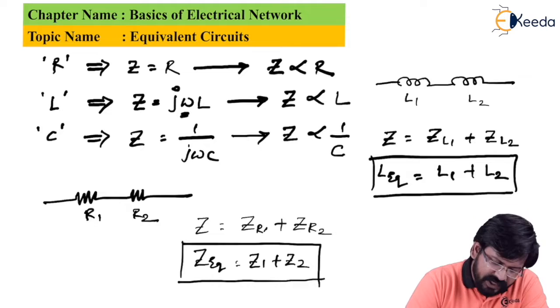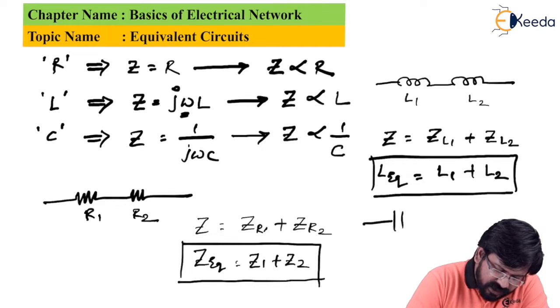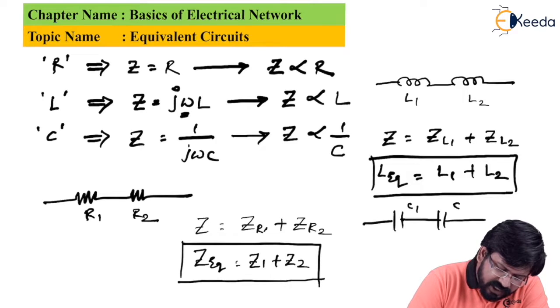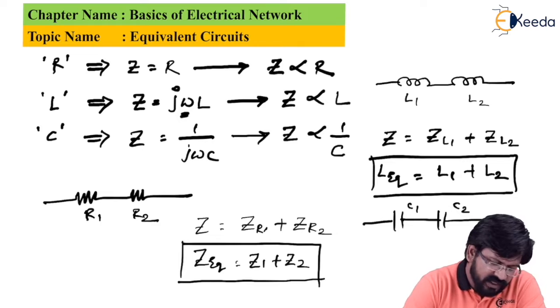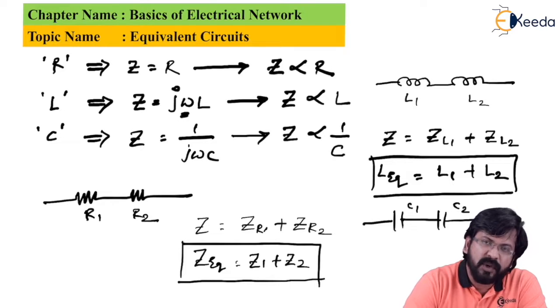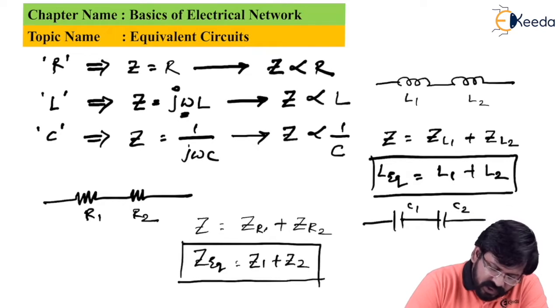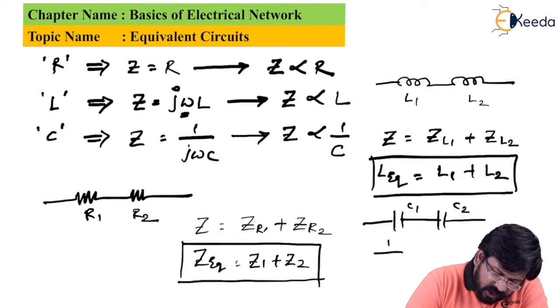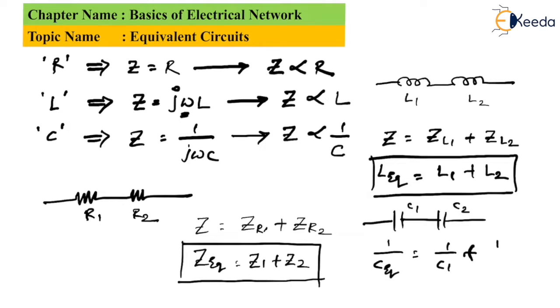Whereas in case of capacitor, you have to be quite careful. Let's say there are two capacitors connected in series, that is C1 and C2, then as we can see, Z is inversely proportional to C, so I would say 1 upon C equivalent will be equal to 1 upon C1 plus 1 upon C2. In fact, I can write C equivalent as C1 C2 upon C1 plus C2.